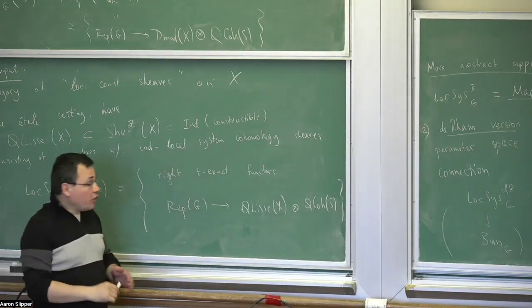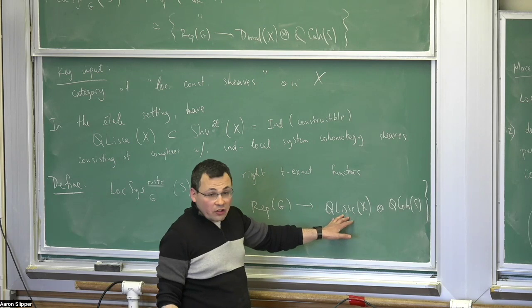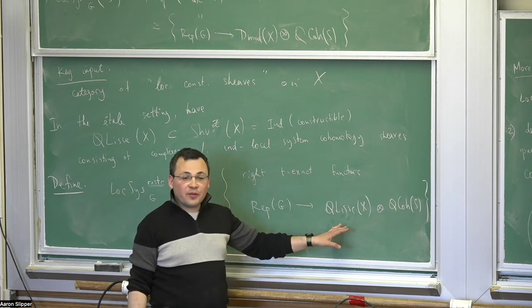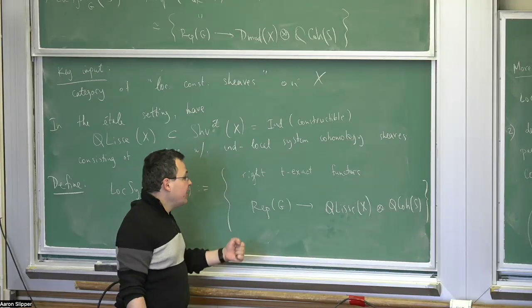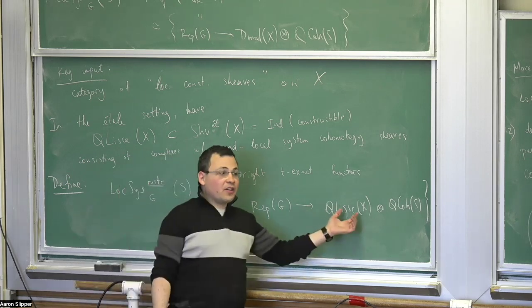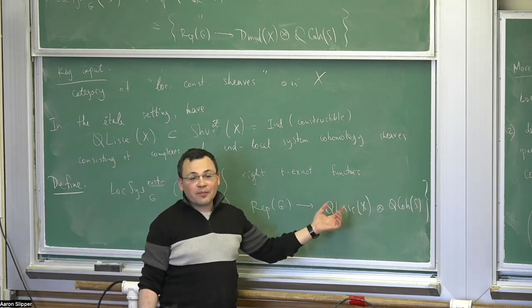So remember this category. For instance, the heart: this category has a t-structure. In almost all cases of interest, it turns out that when X is a curve that's not P1, this category is the derived category of its heart.